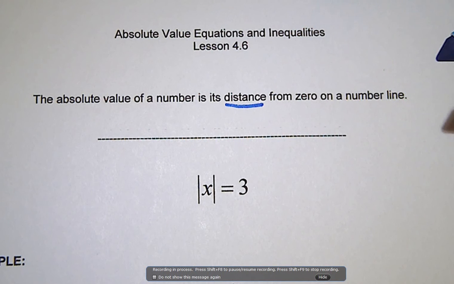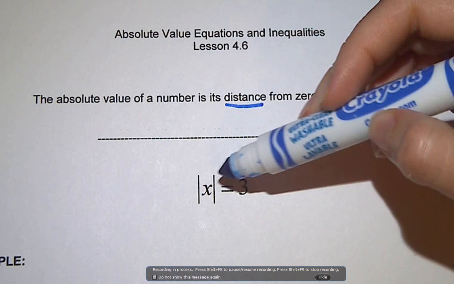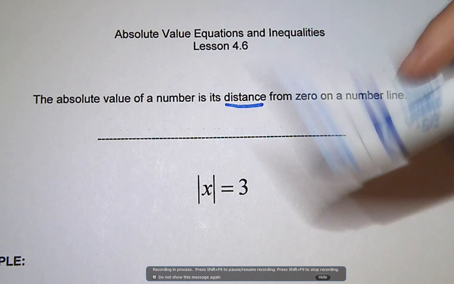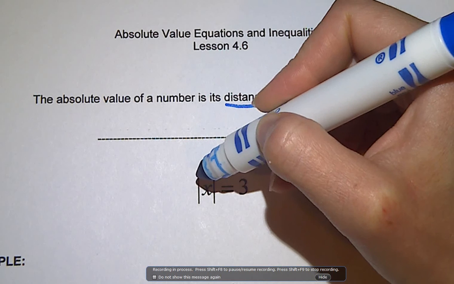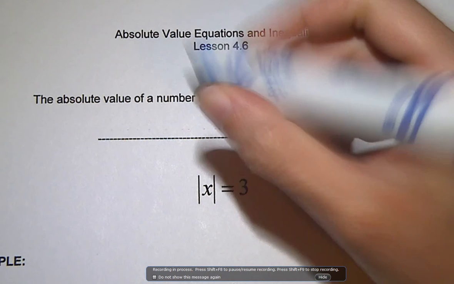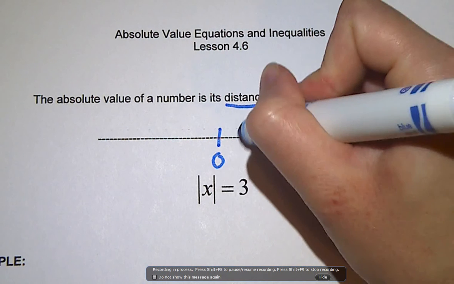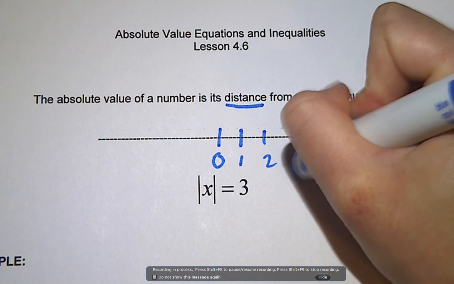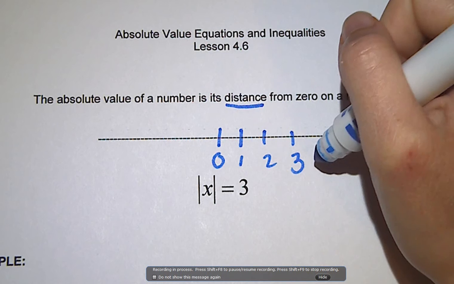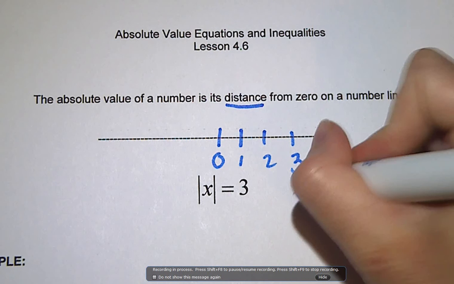So if I have the absolute value of x equals 3, I'm really saying that whatever this number is, its distance from 0 is 3. If I have 0 and I count out 1, 2, 3, one solution is right here at 3. So x equals 3 because 3 is 3 away from 0.